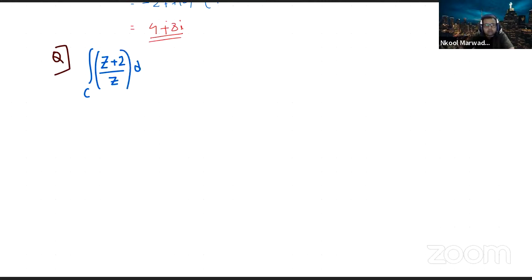And here C is the semicircle. Capital C is the semicircle.